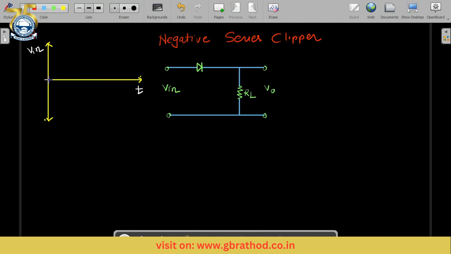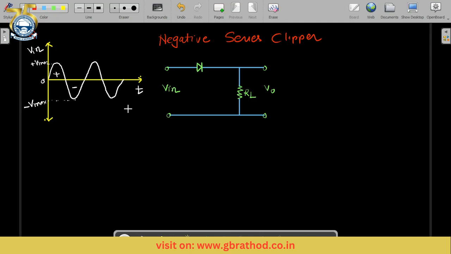I'm drawing that signal. This is the input signal, positive half and negative half. Then once again the signal is repeated. So I have taken just two cycles. Starting from 0, positive half, negative half. This one is plus V max, and this one is minus V max.